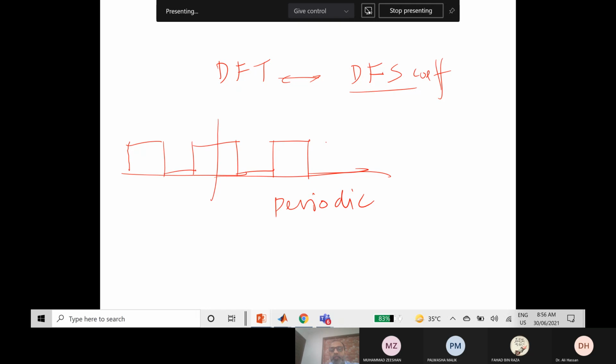It was Fourier who first discovered that any periodic signal can be created by adding many cosines. The contribution of the first cosine will be the fundamental harmonic. We can easily plot the contribution of the fundamental cosine, and also the contribution of the DC value, which is the C naught coefficient.